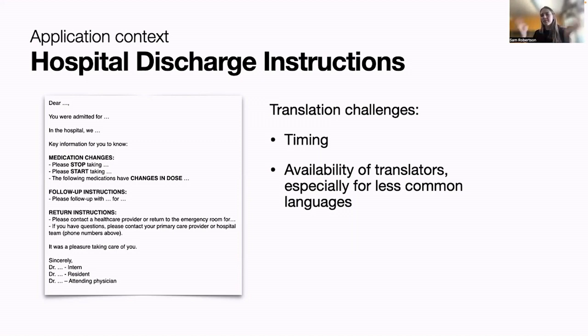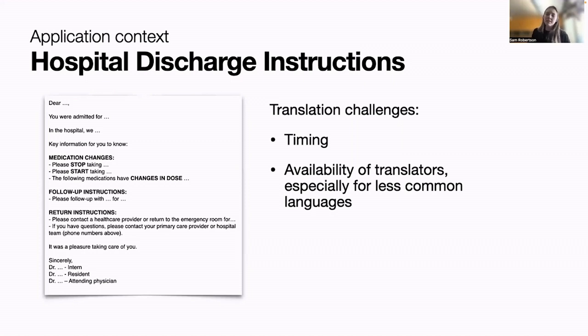So these instructions are important for making sure the patients are taken care of at home. But for patients with limited English proficiency, there are some major challenges in getting them this information in their preferred language. For discharge instructions in particular, timing is a really big challenge, because the doctor's usually writing this right before they're sending the patient home. You don't want to be keeping the patient back in the hospital while you're waiting for a translator.